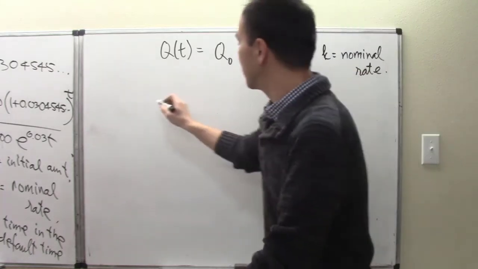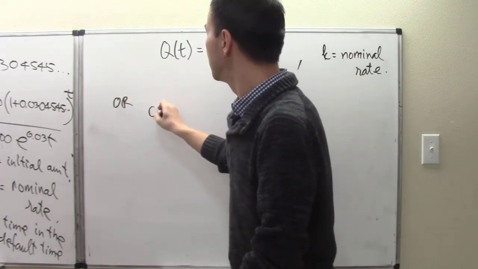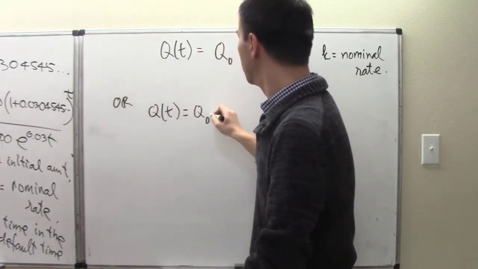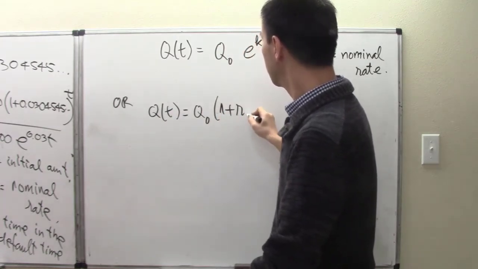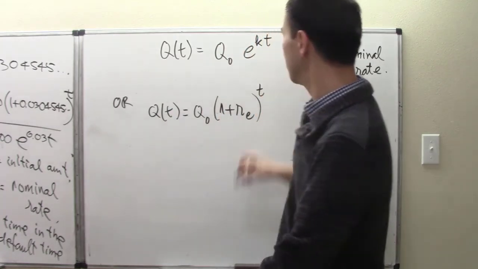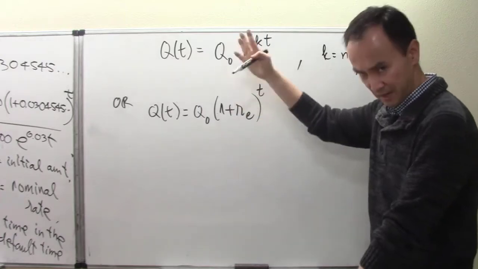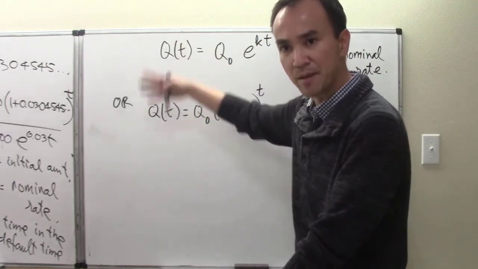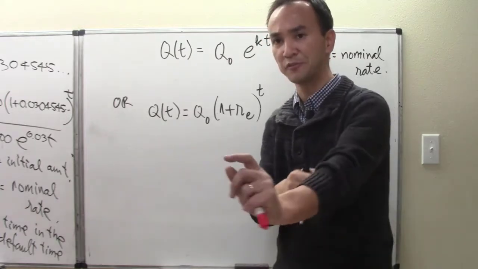Or q of t can be q sub 0 times 1 plus the effective rate raised to the t power. I really want to emphasize that these produce the exact same quantity, the exact same future value.